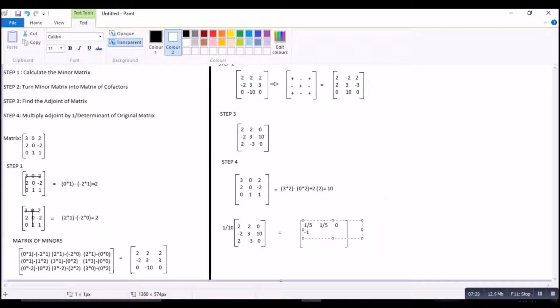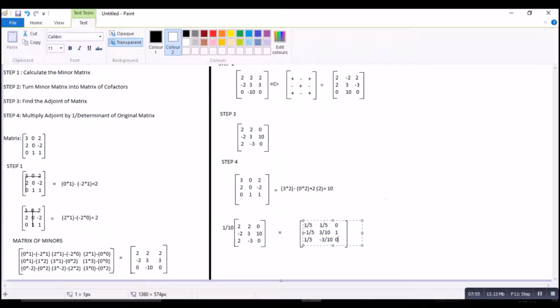And the next value will be 3 over 10. Here we are simply dividing the values by 10. It will be 1, then 1 over 5 again, and then -3 over 10, and 0. So here we are finally with our 3 by 3 matrix inverse.